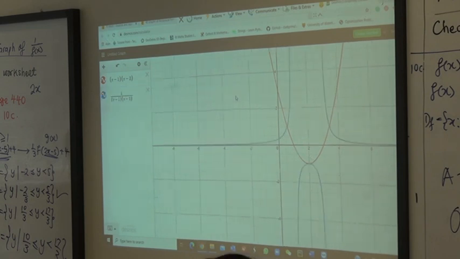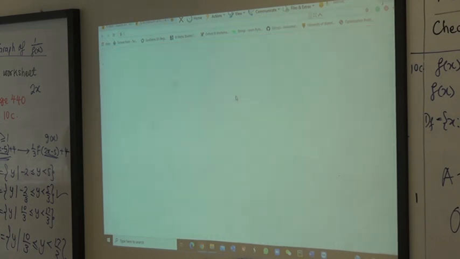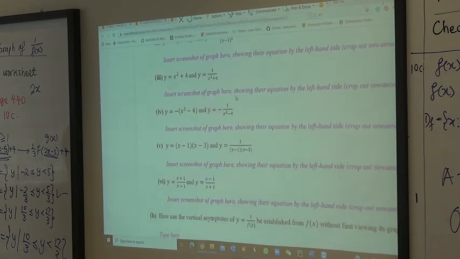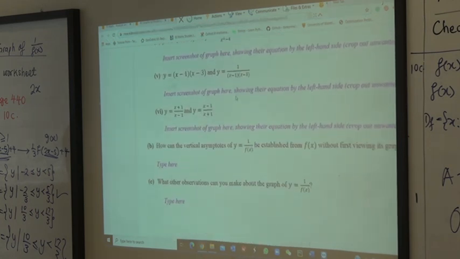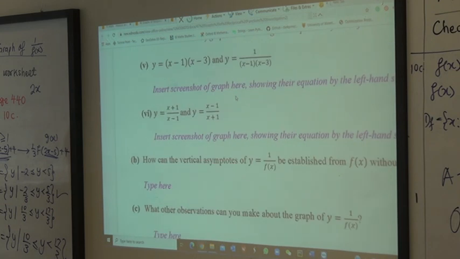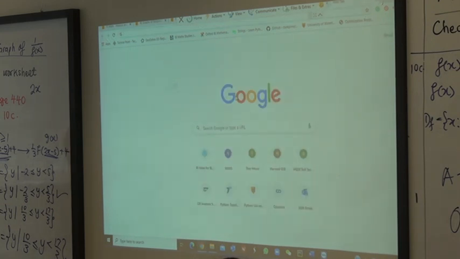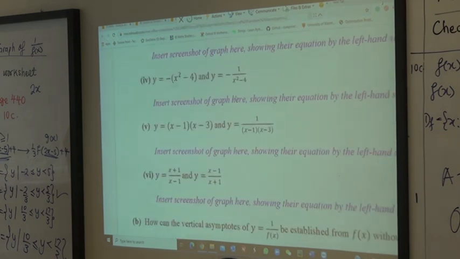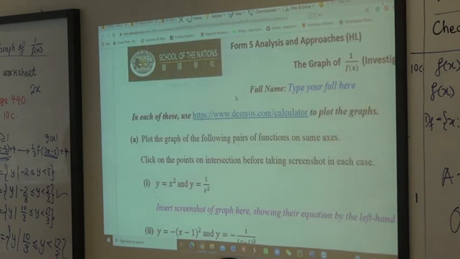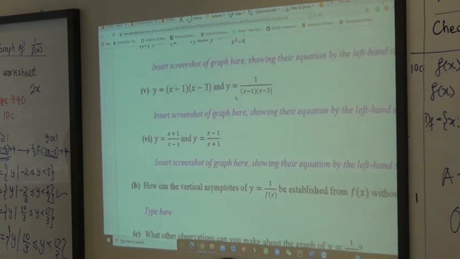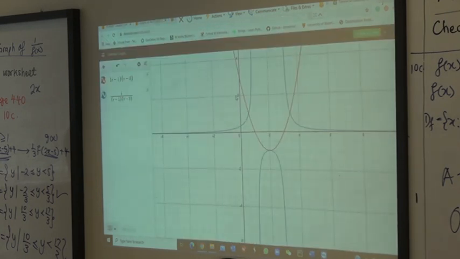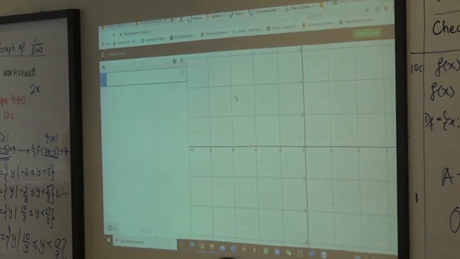So that's the second. Let's do the 3rd one. The 3rd one is the last question there. 1 over x plus 1 over x minus 1. That's number 6 on the board. Let's move again. So x slash, is it minus first?